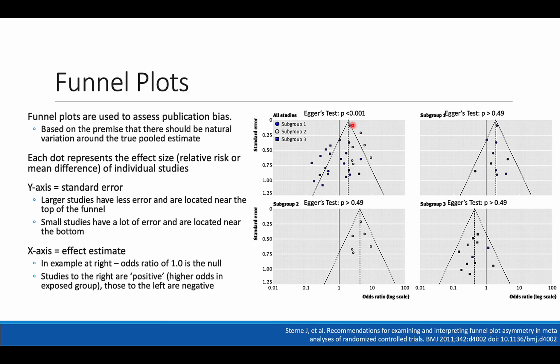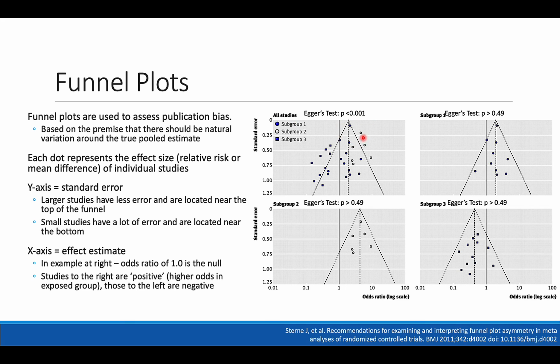To orient you further to this graph, each individual dot represents the effect size of an individual study. So say this study had, let's say over here, an odds ratio of 10, whereas this study over here had an odds ratio of 0.2. You can tell these are very different from one another. On the y-axis here, we have standard error.